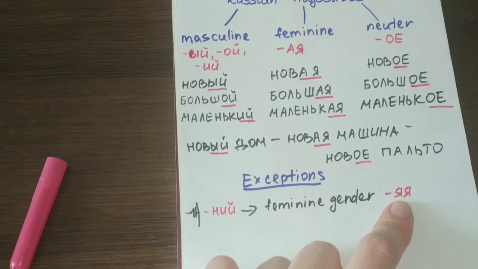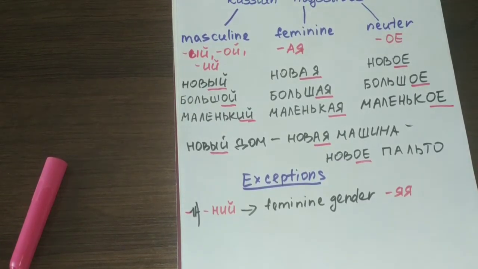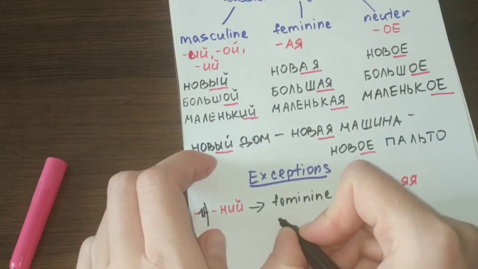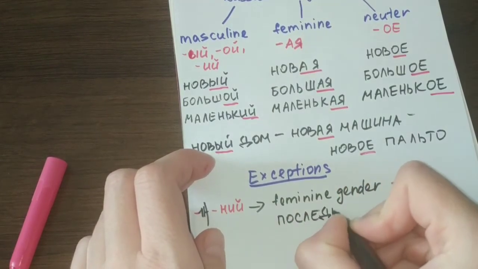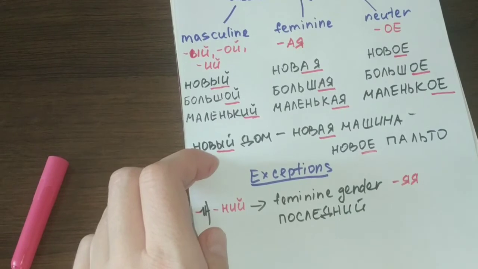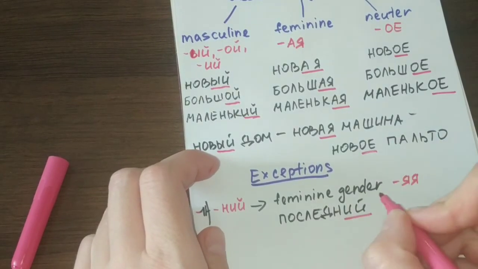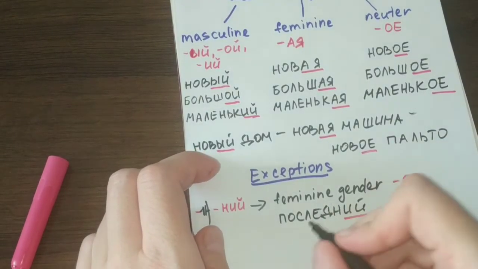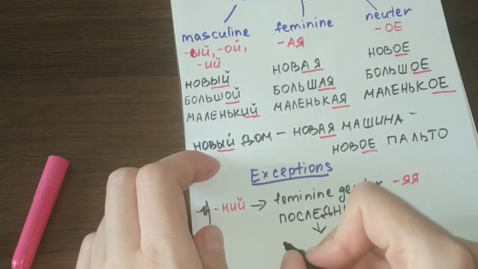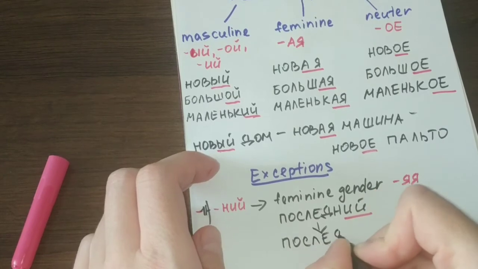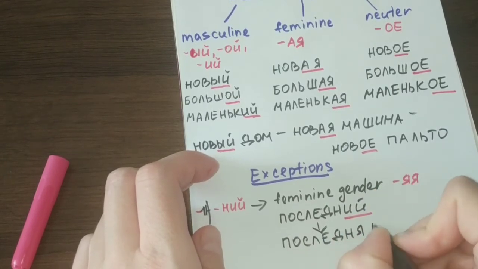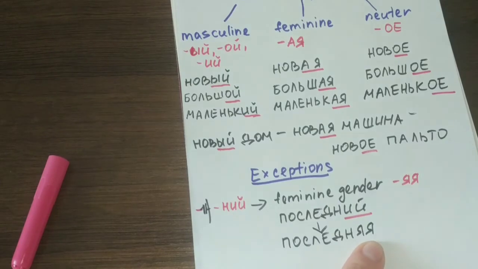Let me give you some example first. Let's take this adjective, последний, meaning the last. And if we transform this into a feminine gender adjective, we will get последняя.